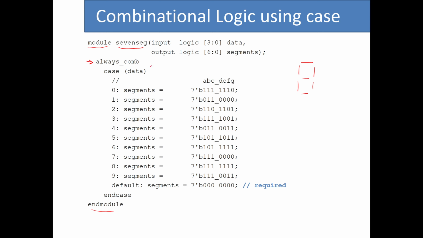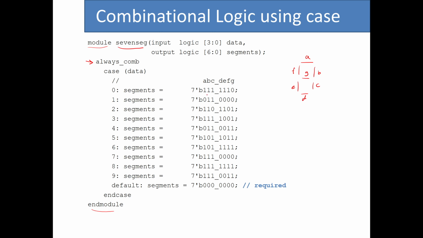That means that anytime new data comes, this case statement checks it to see what its value is, and for all the possible cases that can happen, you have a set of outputs. So if the data value is 0, then you have a colon. That makes the segments equal to 1, 1, 1, 1, 1, 1, 0. So if you remember, we had A, B, C, D, E, F, and G.